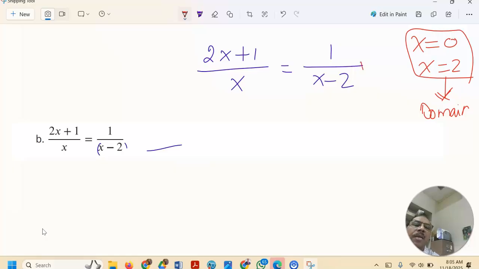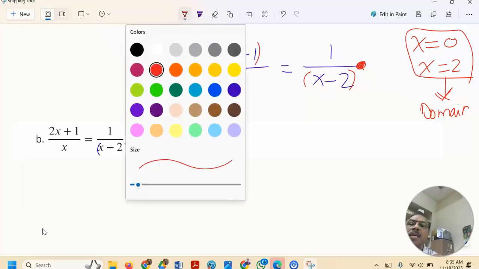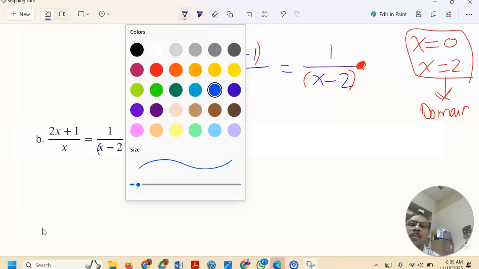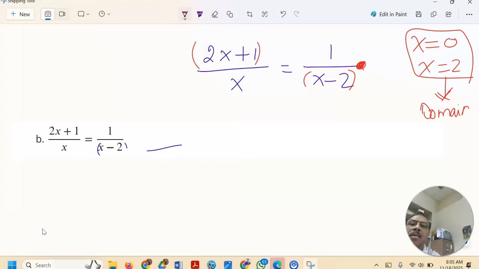Now what we will do is multiply both sides by the least common denominator. One of them is x, and there is also x minus 2.